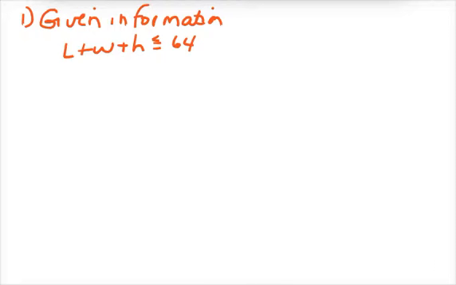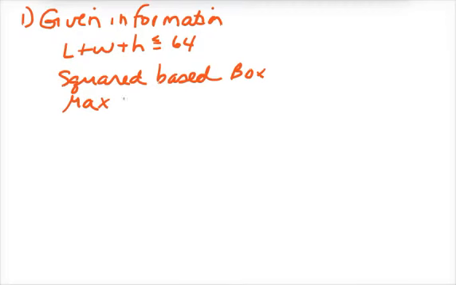And the dimensions and the volume of a square-based box was what we were trying to maximize. So a square-based box was another piece of information given. And we're trying to maximize volume. So three key pieces of information.